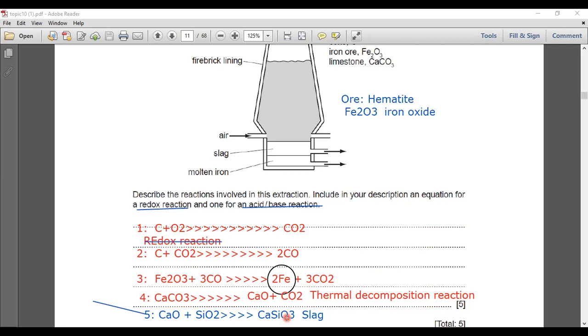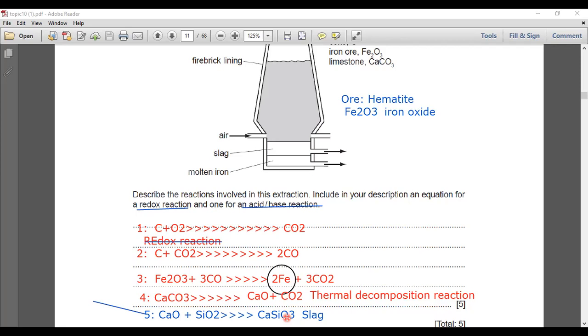That's okay, Abdurrahman. Got it, Abdurrahman? Can you explain for me, open your mic, Abdurrahman, and tell me what are the steps? What are the chemical equations to produce iron from its ore hematite? So go ahead. C plus O2 gives carbon dioxide. Yes. C plus carbon dioxide is equal to 2CO.